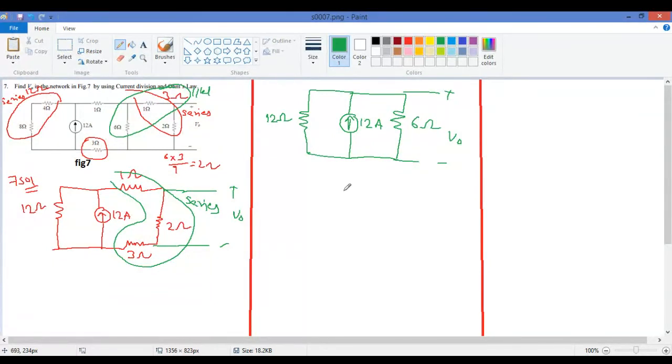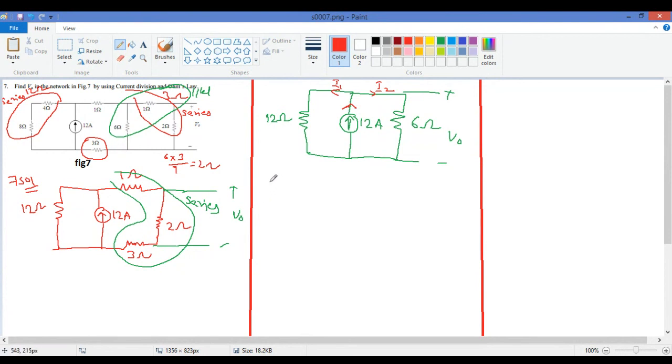Okay, but because in the process of solving we got this. So now look here, if I use current division law here, I think we can use it here. See, this is total current, 12, and here I1 and I2 get divided.